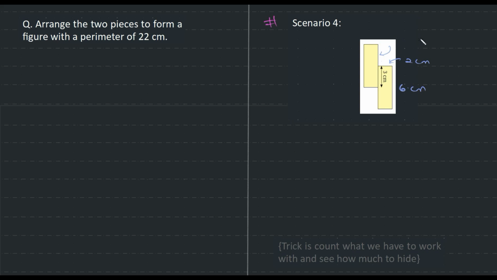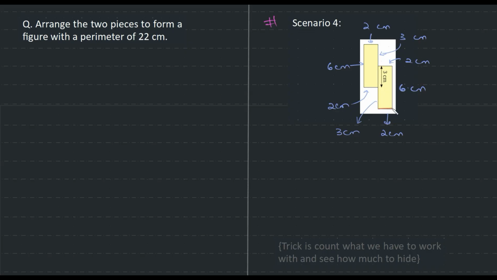We just showed that. How? This length is 2 centimeter. This is 6 centimeter. This is 2 centimeter. This is 3 centimeter. And this is 2 centimeter.